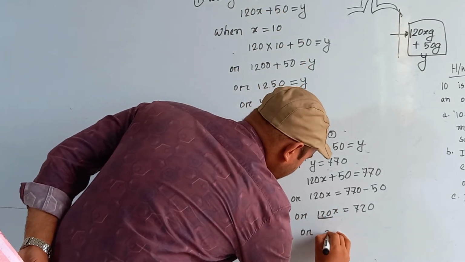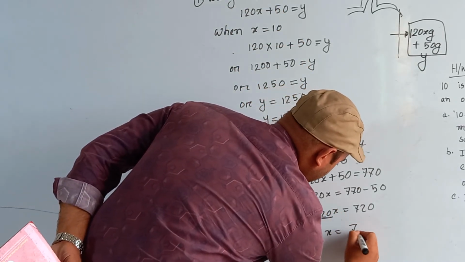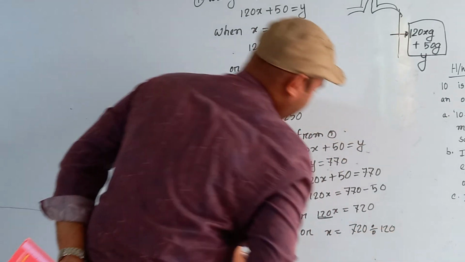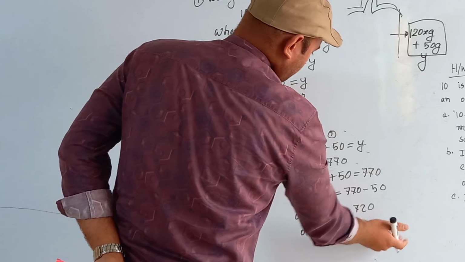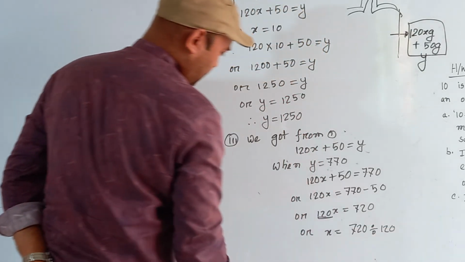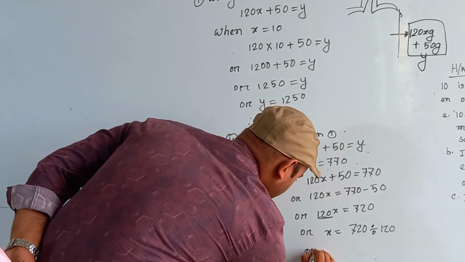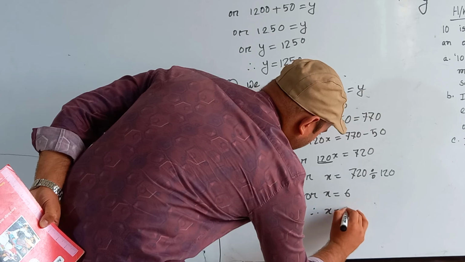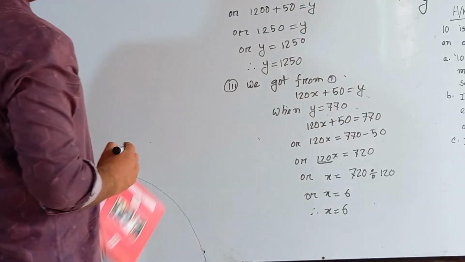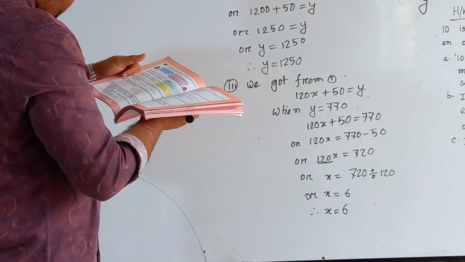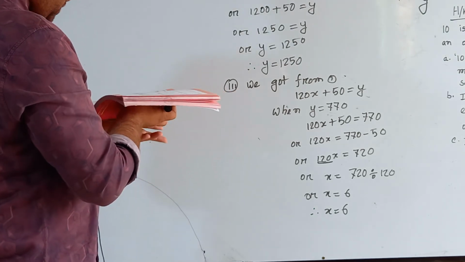So x is equal to 720 divided by 120 after taking it to the right hand side. After dividing 720 by 120, it will be x is equal to 6. Therefore, the value of x is 6. So we have solved question number 4 of page 24. Hope you understood this one.